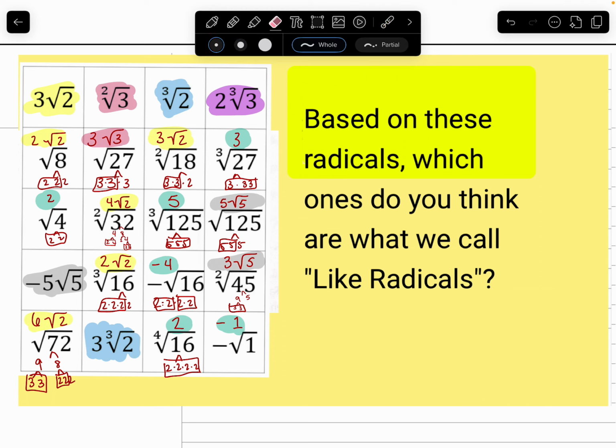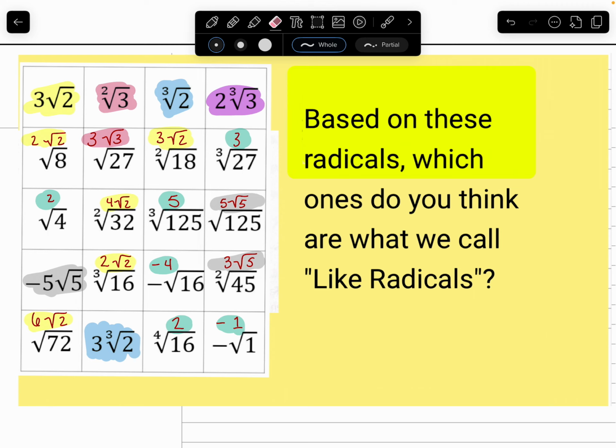So I'm going to go ahead and erase my factored trees so it's easier to see which numbers are important. If you want to go back and pause to see what the factor trees look like, feel free to do that.